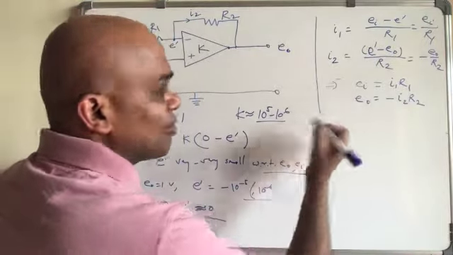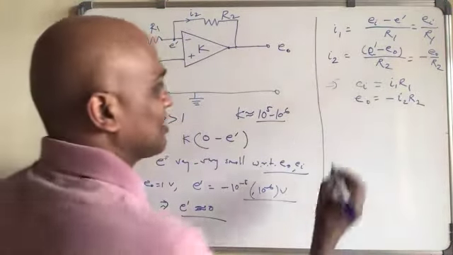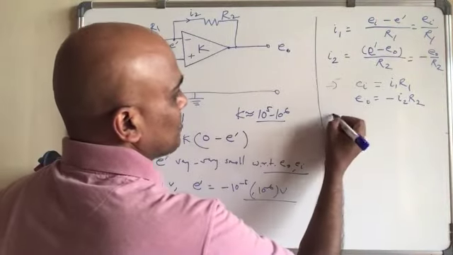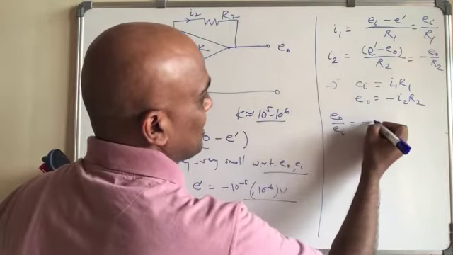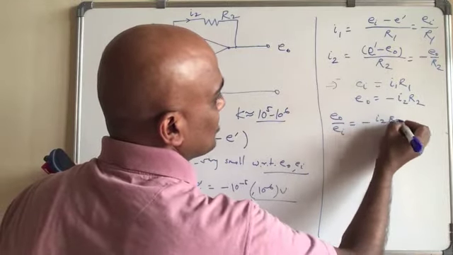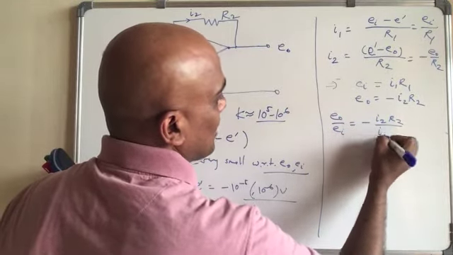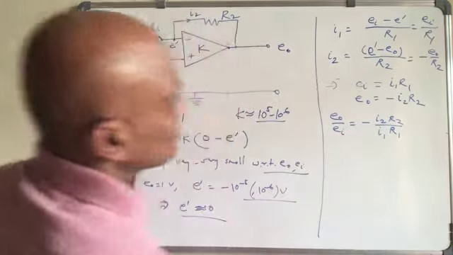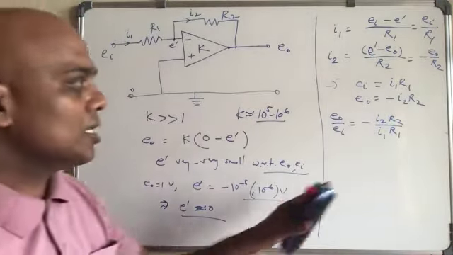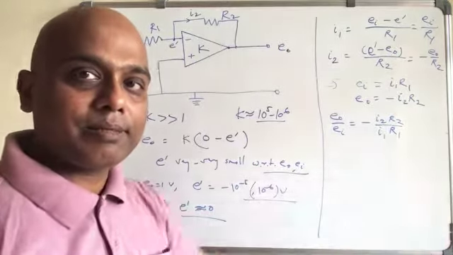Hence the output over input, the transfer function, E naught over EI, will be equal to minus I2 R2 over I1 R1. So far we have this.